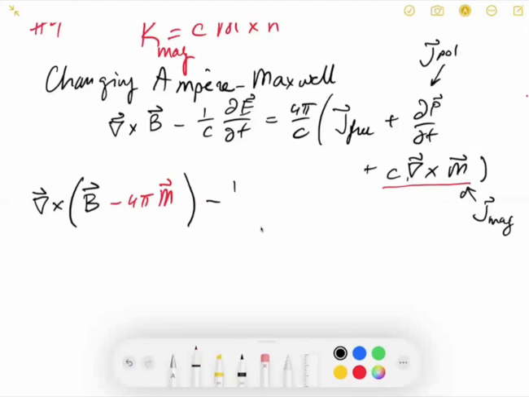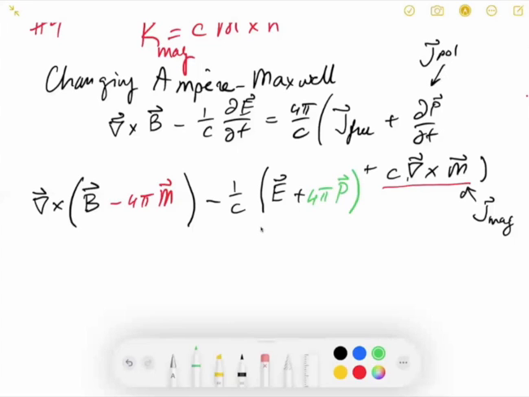Now we also have a minus 1 over C dE dt. The dE dt we can modify with the dP dt again as per usual, because we know that E plus 4 pi P is D. That's the polarization field.